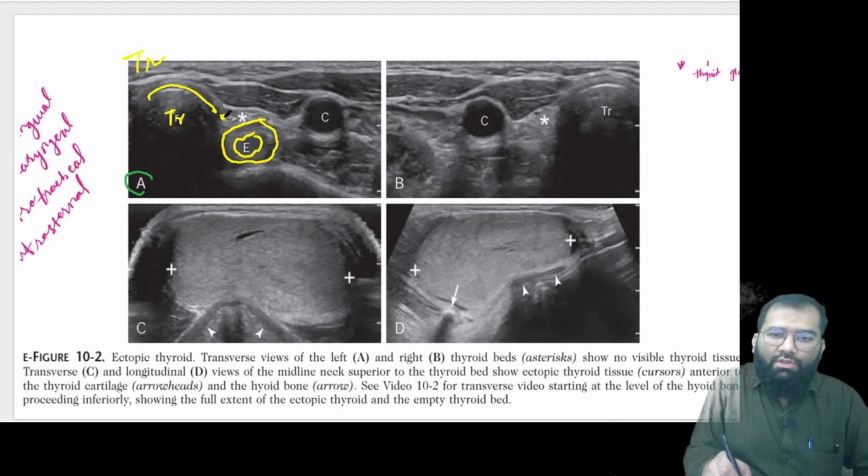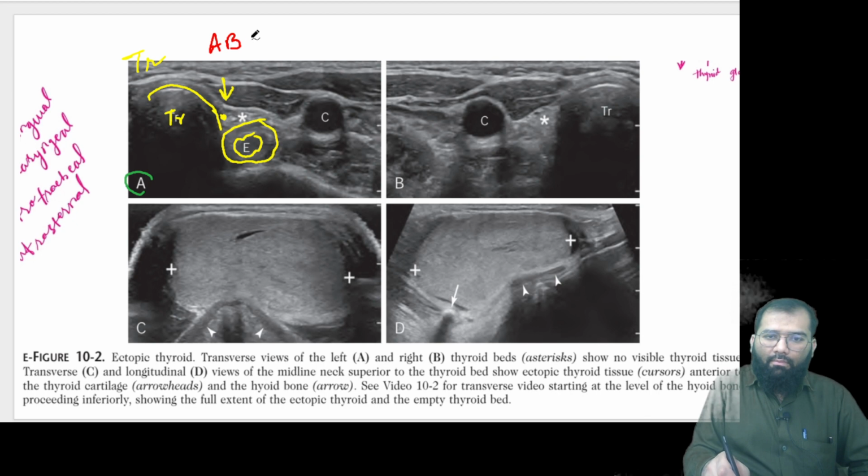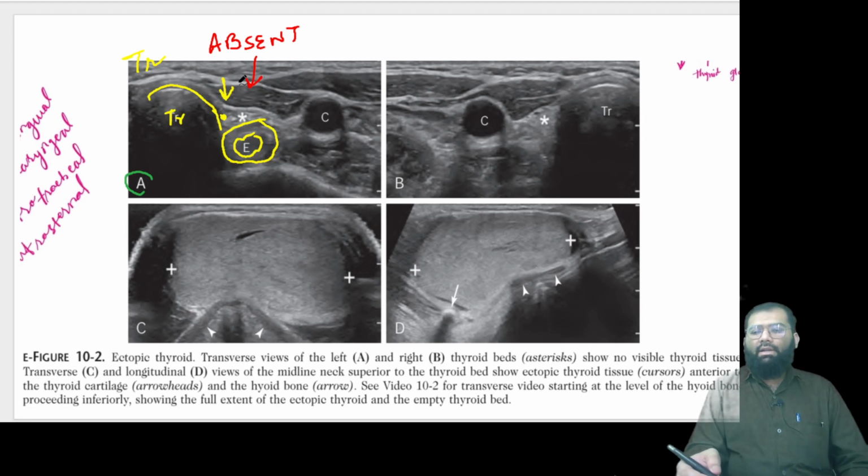So this is the tracheoesophageal groove between trachea and esophagus. Here we should have seen the thyroid gland in this location, but it is not seen. That means the thyroid gland is absent.